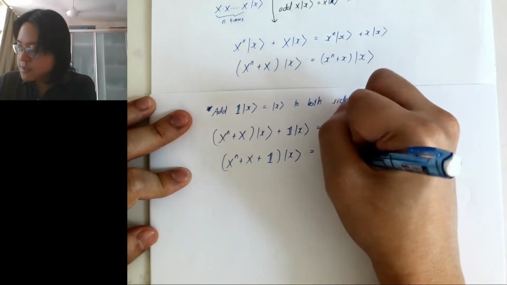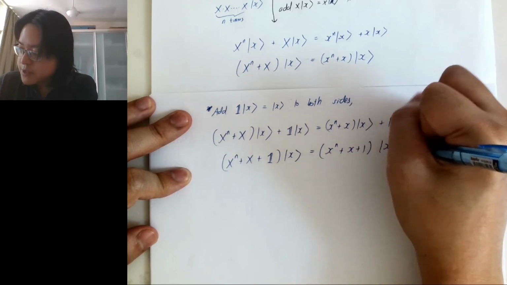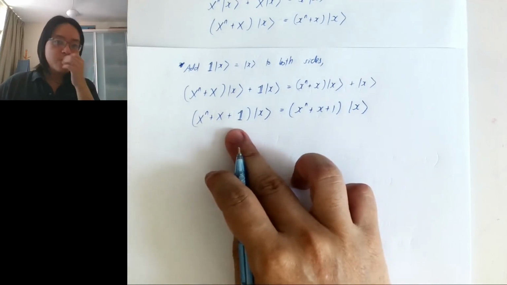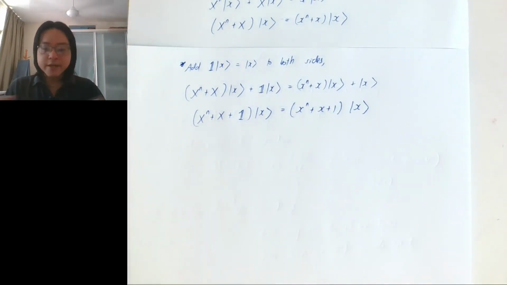So you see what I'm trying to do, right? I'm trying to define functions of x, and this is equivalent to a function of the same form, but I change everything into an operator.